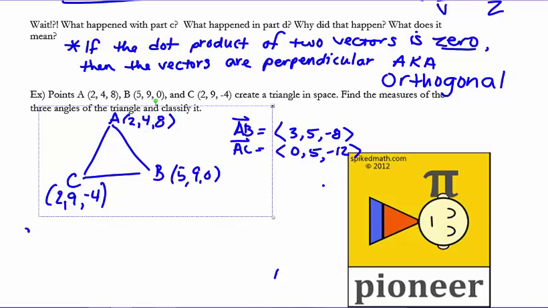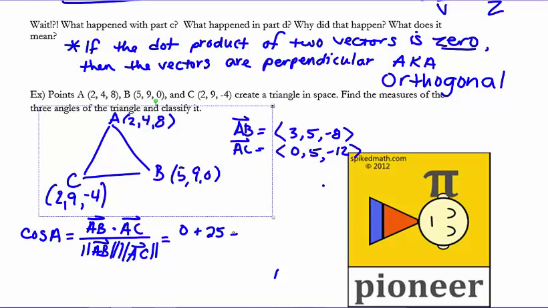So if I want cos A, I have to do AB dotted with AC over the magnitude of AB times the magnitude of AC. So AB dot AC is going to be 0 plus 25 plus 96. And my magnitudes are going to be the square root of 9 plus 25 plus 64.